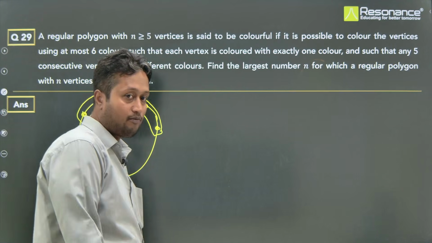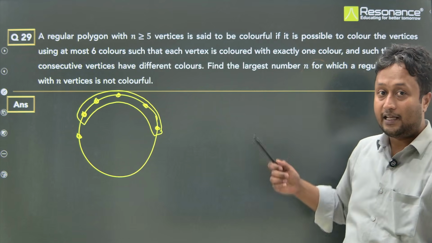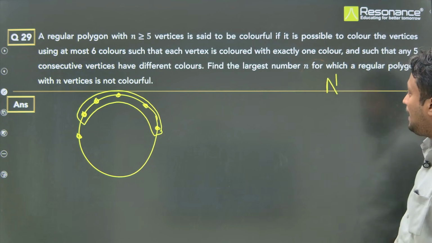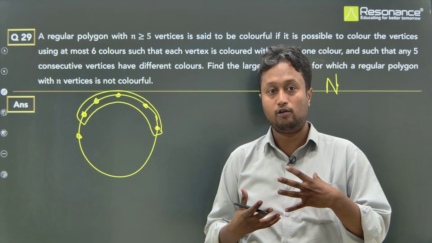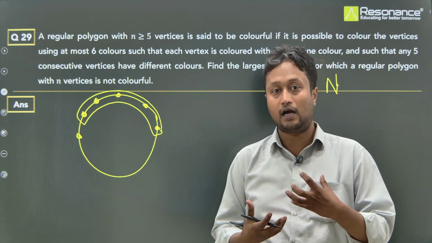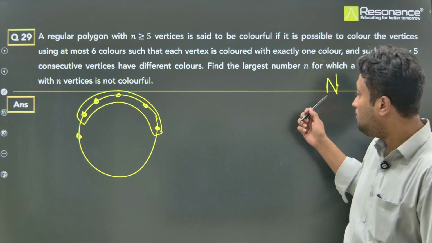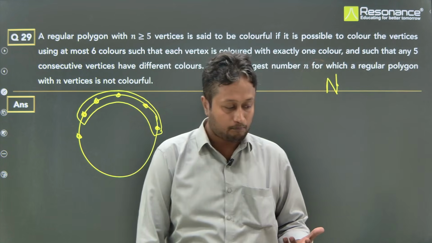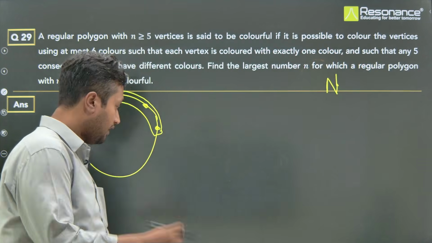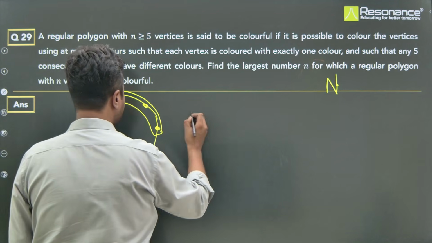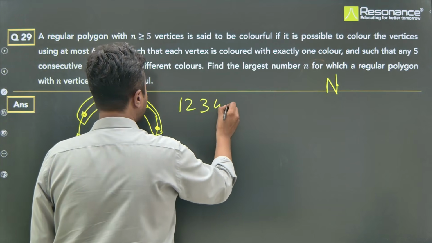What is the meaning of that? We need to understand the meaning of that. That says that there must be a cutoff. So let's call that number n, beyond which every regular polygon with at least n vertices, you will be able to color it using these colors, right? So, first things first, let's start coloring it this way.